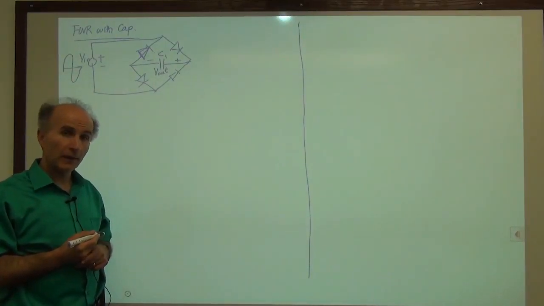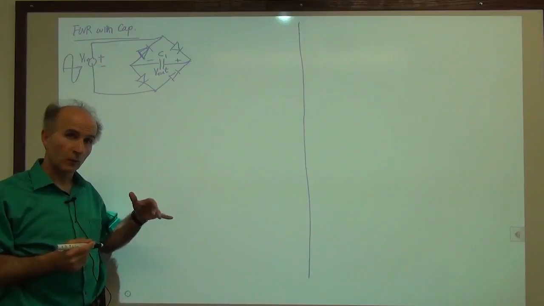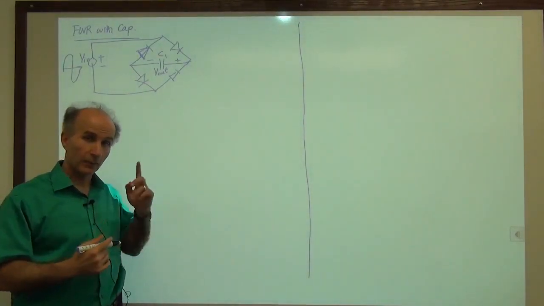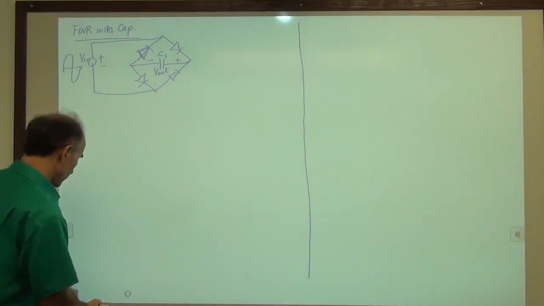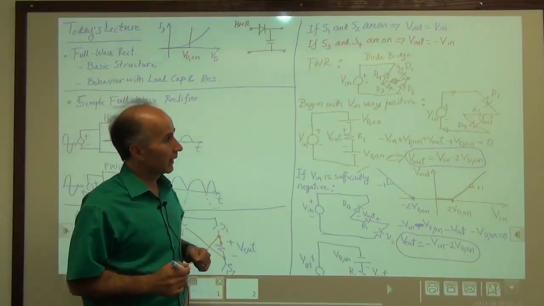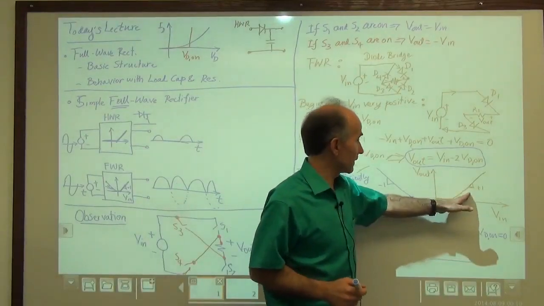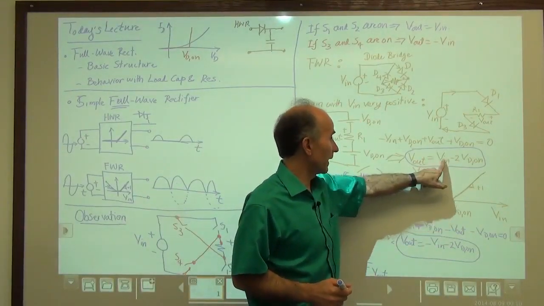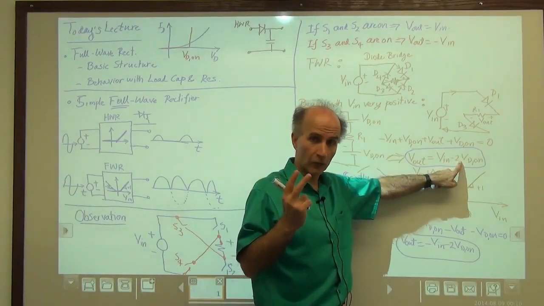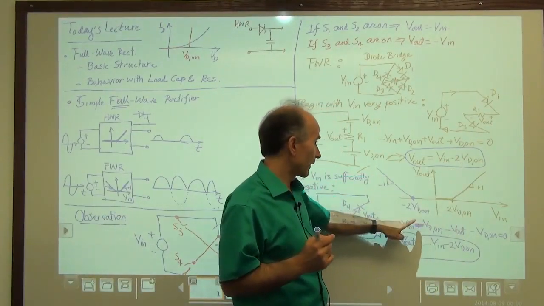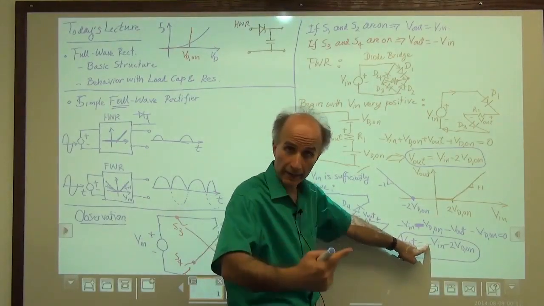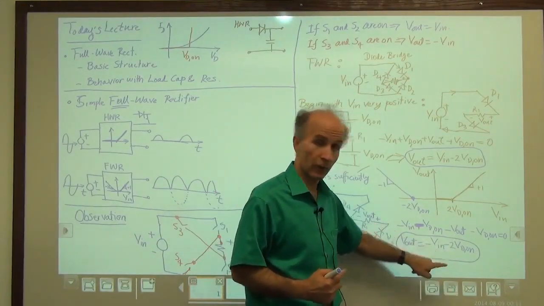Well, given that we just studied what happens in the circuit for positive voltages and negative voltages, in particular, if I go back to the previous page for a second, we saw that for positive voltages, the output is pinned to the input with two diode drops between them. And then for negative voltages, it is pinned to minus input, again with two diode drops.